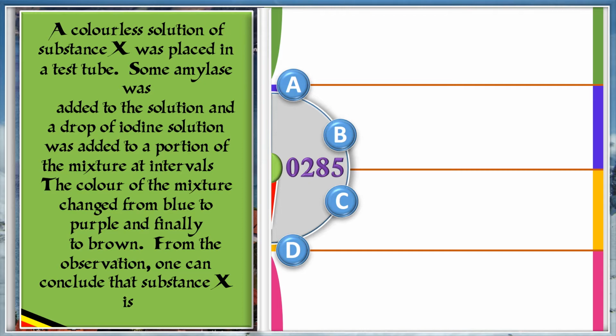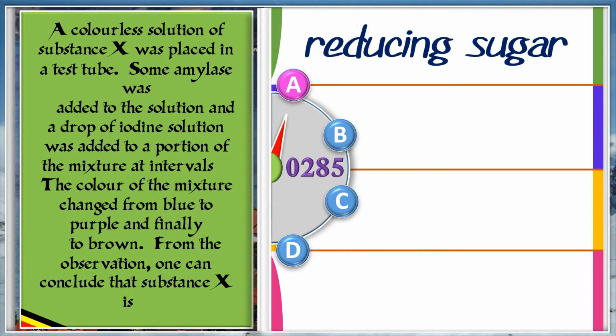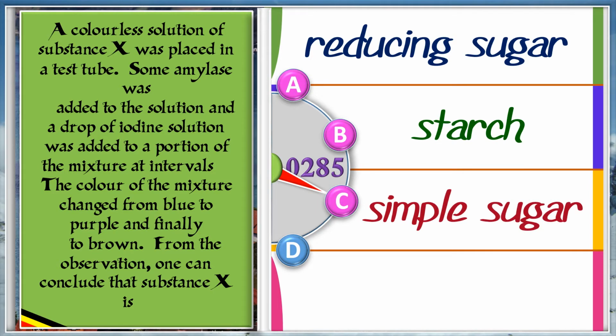From the observation, one can conclude that substance X is A. Reducing sugar. B. Starch. C. Simple sugar. D. Sucrose. And the answer is B, starch.